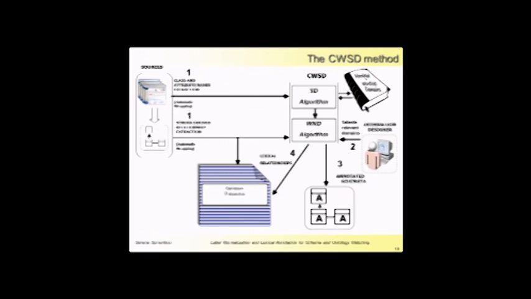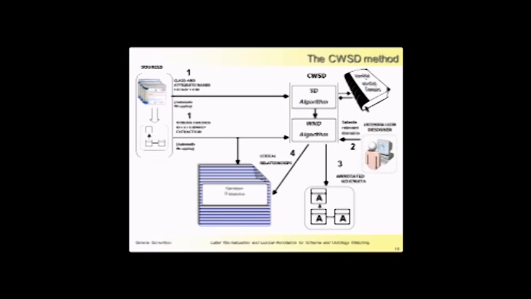This picture shows the lexical annotation process performed by CWSD. We start by extracting, using an automatic wrapper, the schema labels, thus the names of classes and attributes, and that together with the schema-derived relationships represents the input of the method.